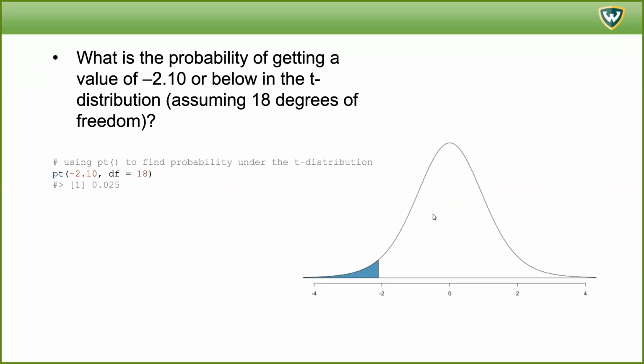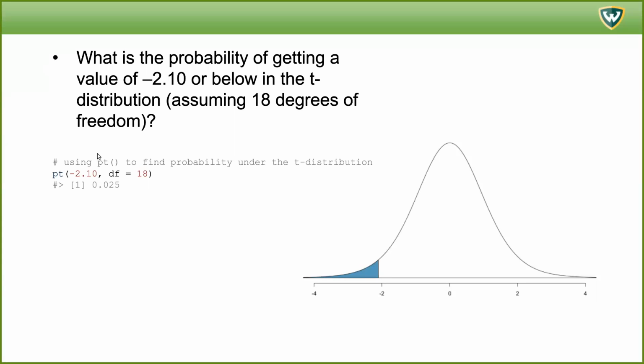So I'm trying to understand here the area under the curve and the probability and chance. Let's look into this here. What is the probability of getting a value of negative 2.1 or below it in the t-distribution? And that's negative 2.1 what? Negative 2.1 standard deviations. So this is the standardized measure here.